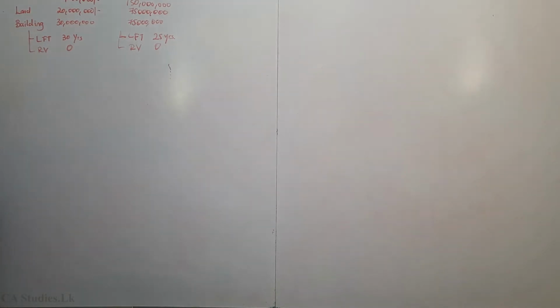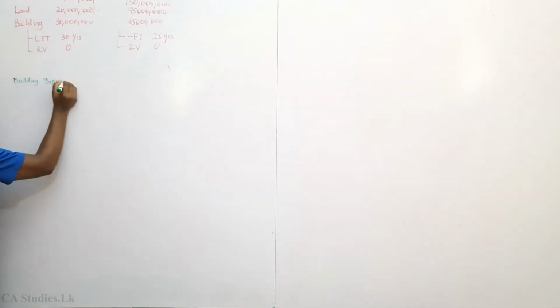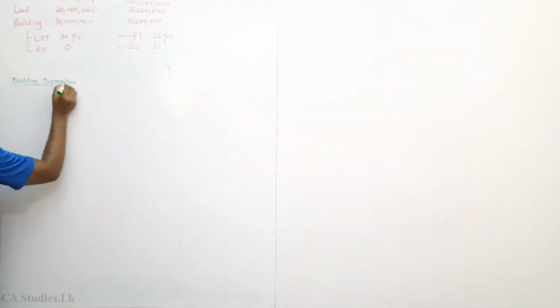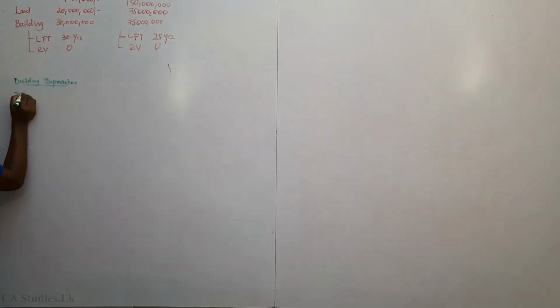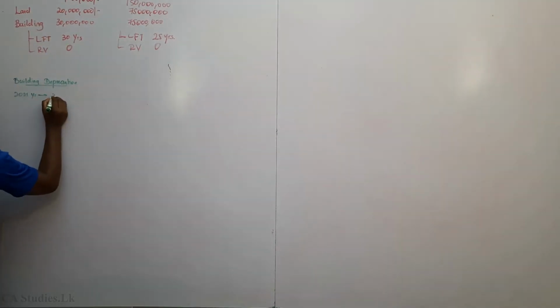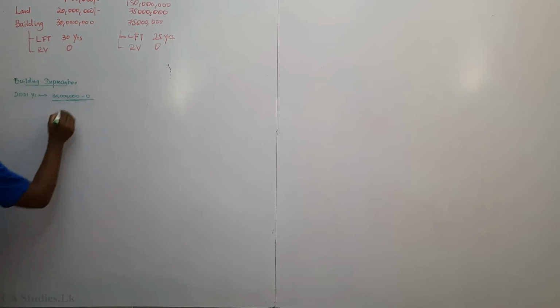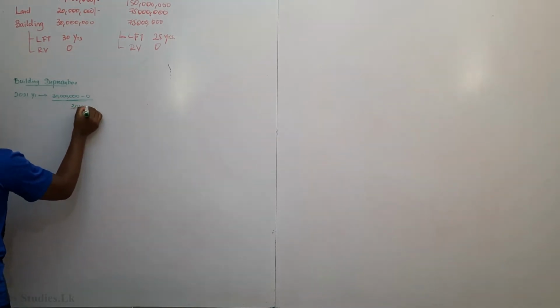Now let's calculate the depreciation. Building depreciation. In 2021, the building is 30 million, no scrap value, so first year depreciation is 1 million.